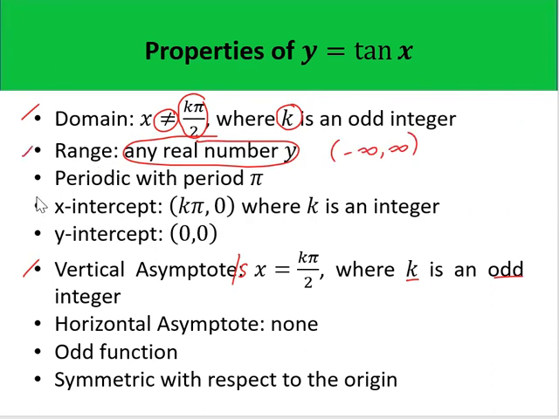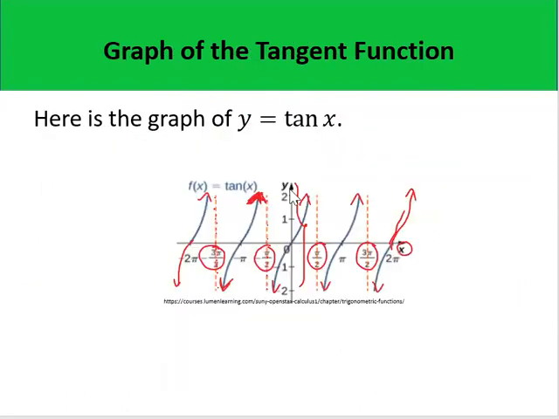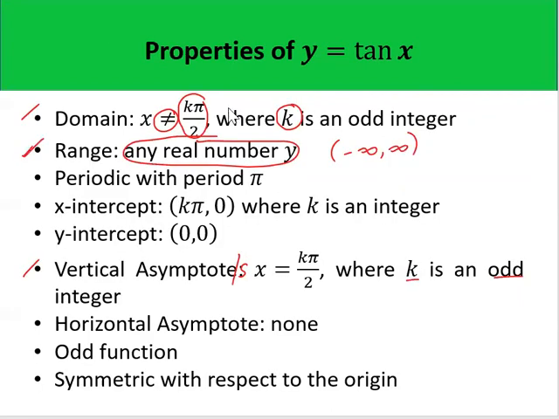Now for the period of tangent: from the graph of the tangent function, the pattern repeats every pi units. This one is pi units, this one is pi units, this one is pi units, and so on and so forth. So the tangent function is periodic with period pi.